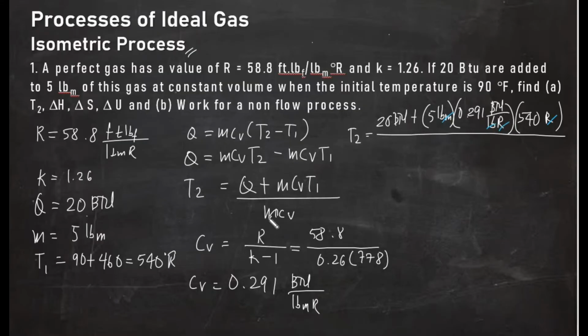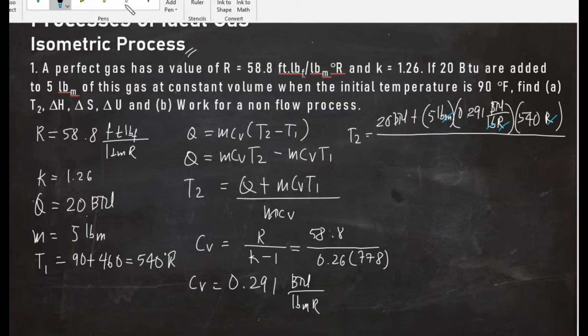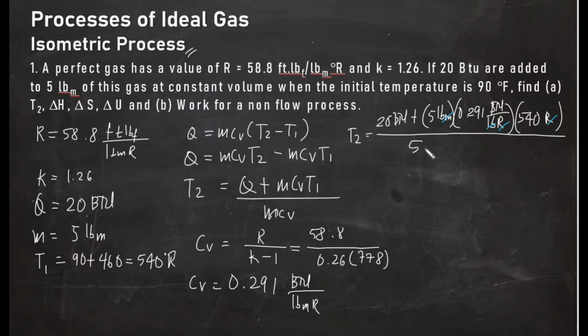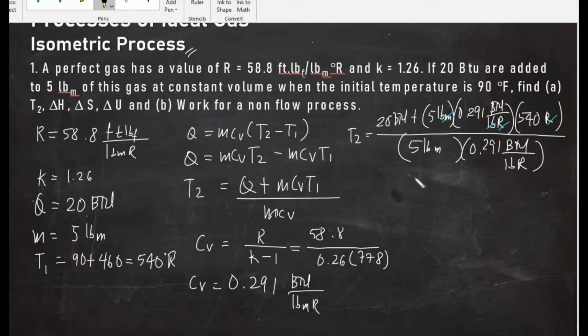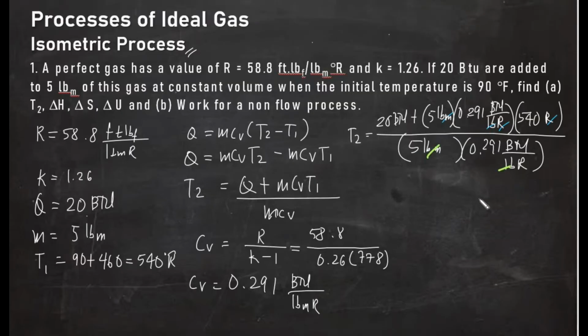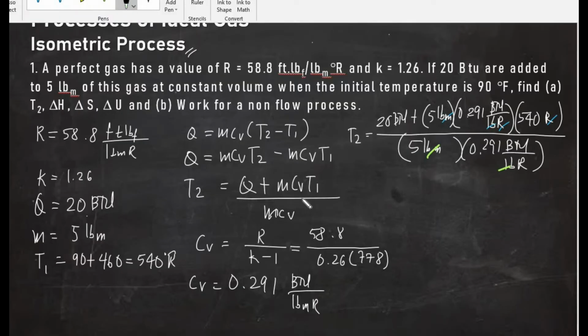In the denominator, again we have 5 pounds times c sub v, 0.291 BTU per pound mass Rankine. You can cancel pound mass, and dividing, BTU in the numerator cancels with BTU in the denominator, so the final unit is in Rankine.